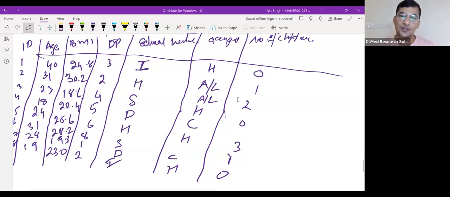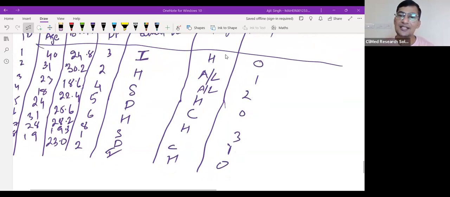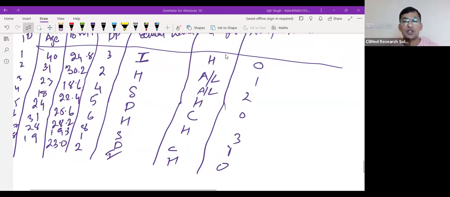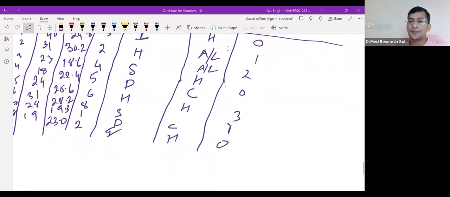Is it correct or not? I feel I did it correctly, actually. Tell me, guys. Yes. Okay, so this data is actually correct, right? This data is correct. Now let's see.